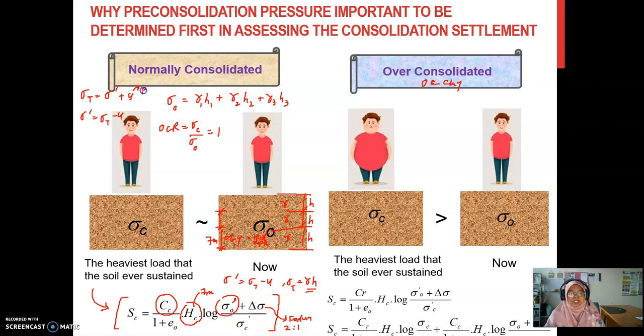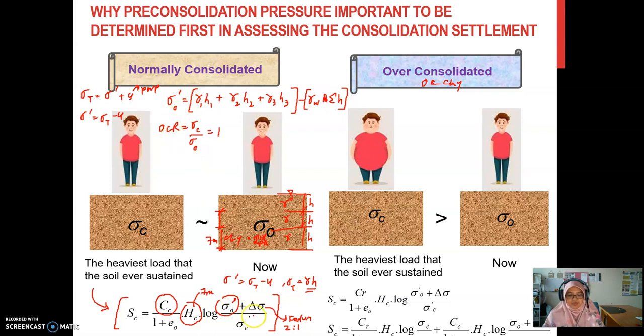Pore water pressure. So easily, let's say the groundwater table is at the top, so just minus gamma water times height, from 1 to 3 total height. Something like that, so we will obtain the current effective stress.